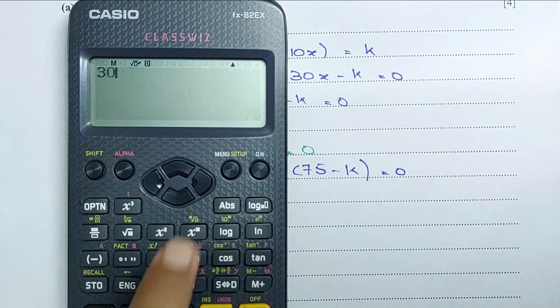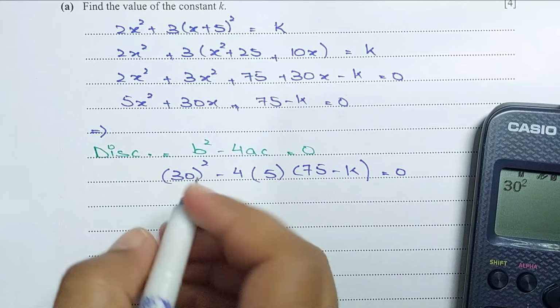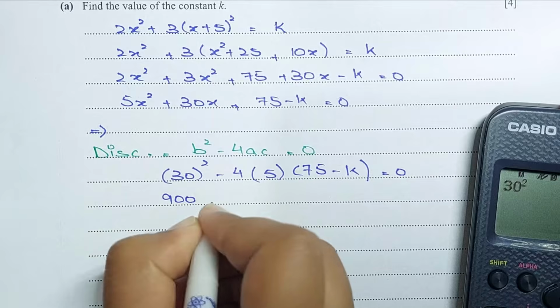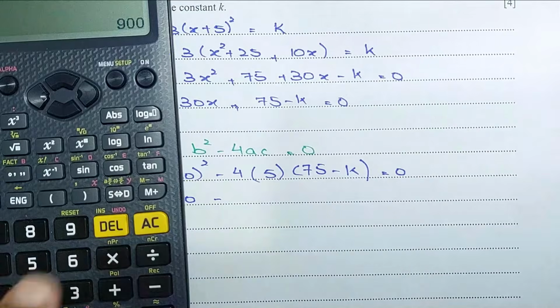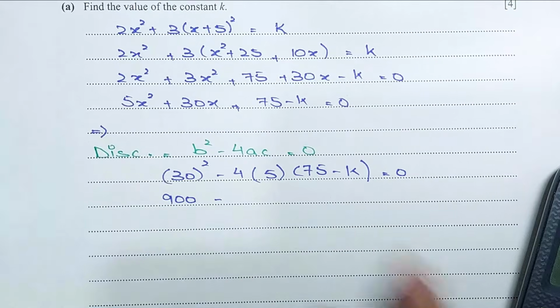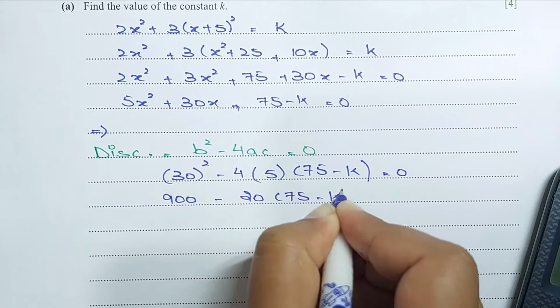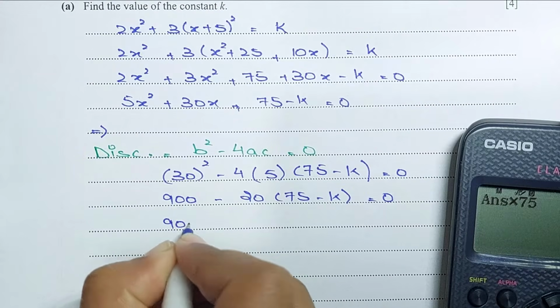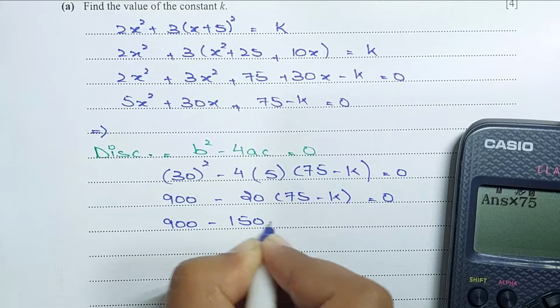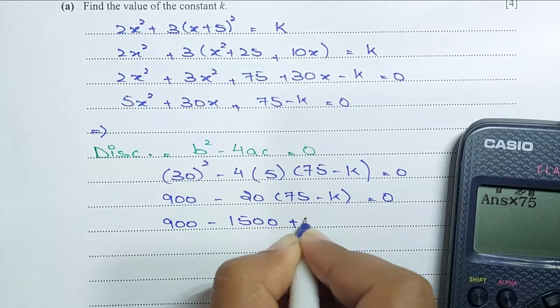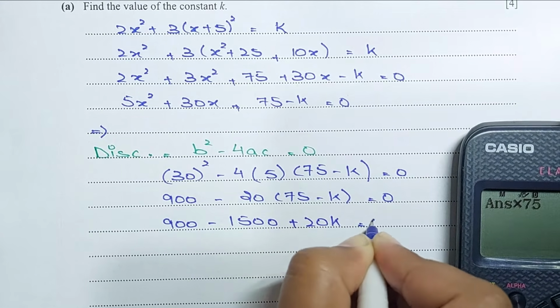So what is 30 square? 900, and 4 times 5 is 20. So 20 into 75 minus k equals 0. So 20 times 75 is 1500. So 900 minus 1500, negative times negative is positive, 20k equals 0.